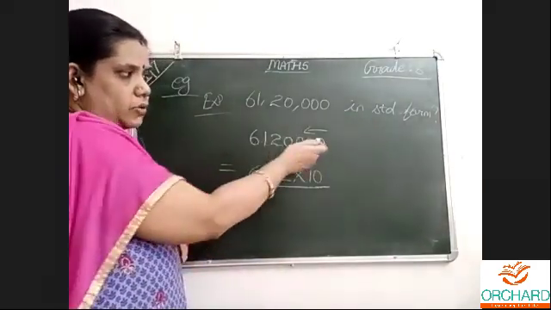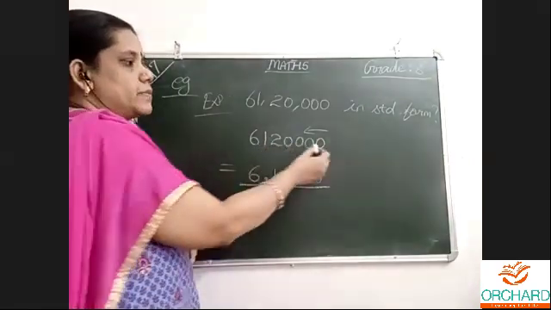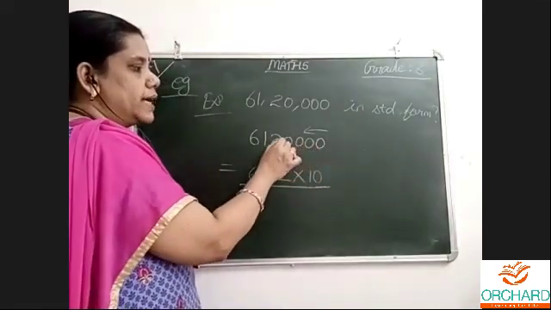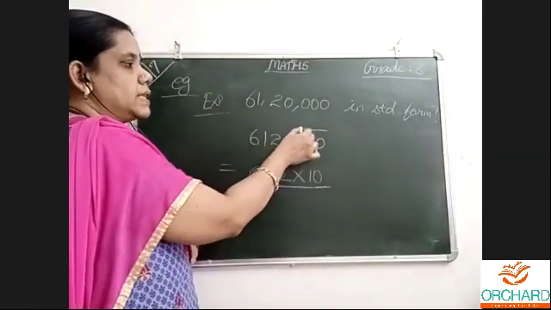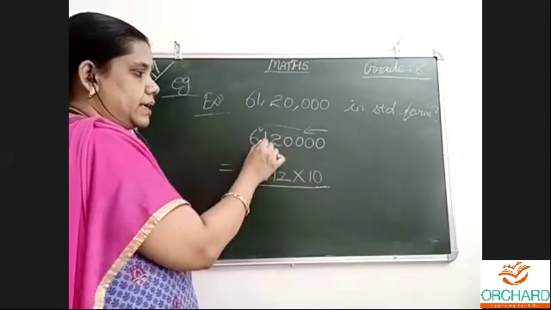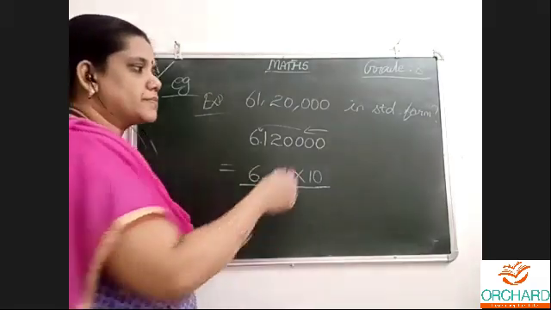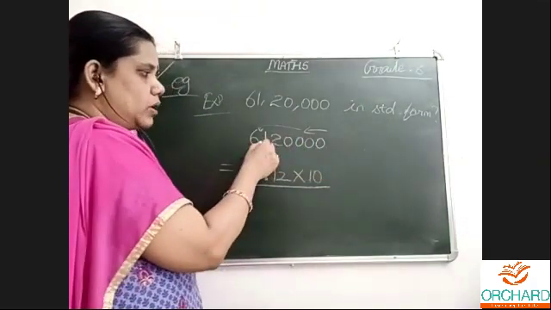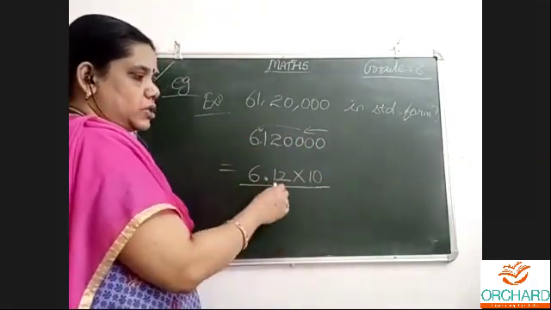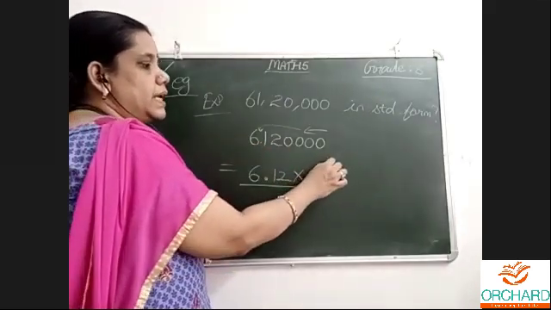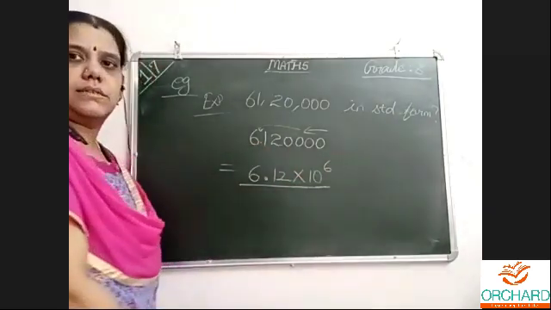Now, how many places did I travel? 1, 2, 3, 4, 5, 6. I traveled 6 places and sat here. The point moved 6 places and stood there. So what is the meaning? 10 power 6.